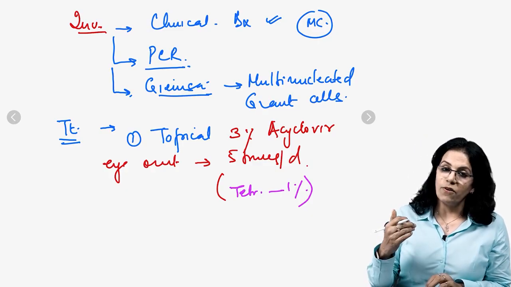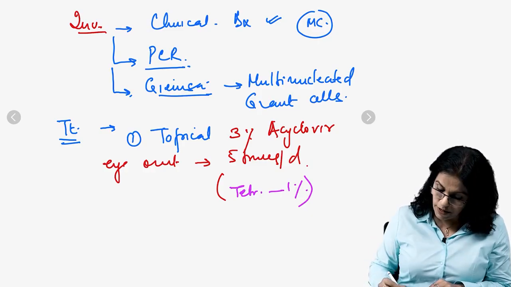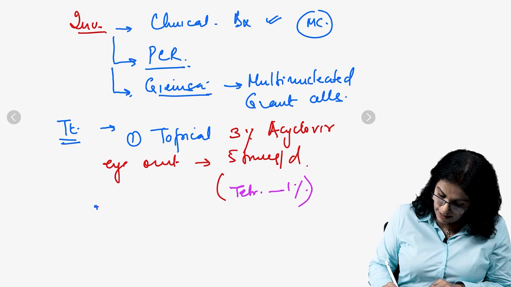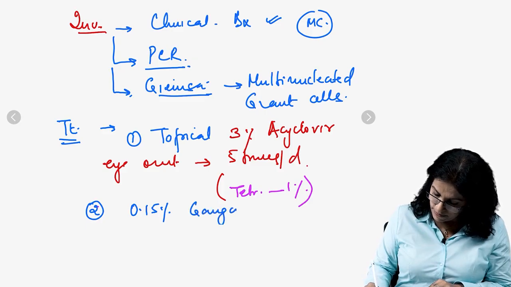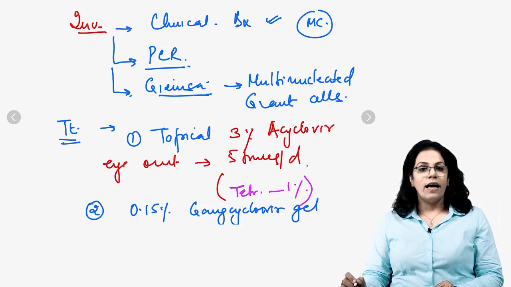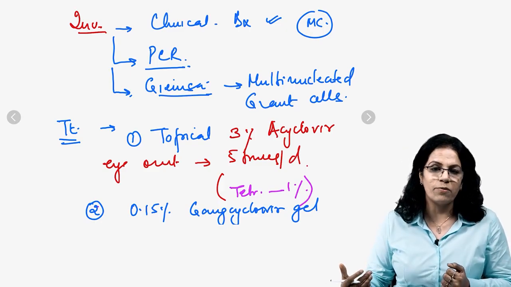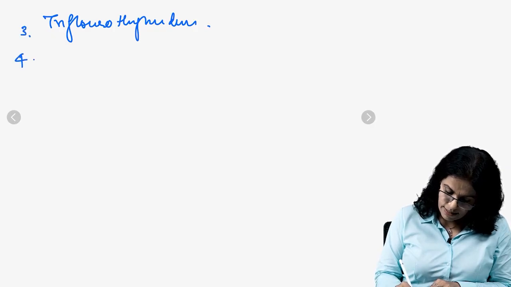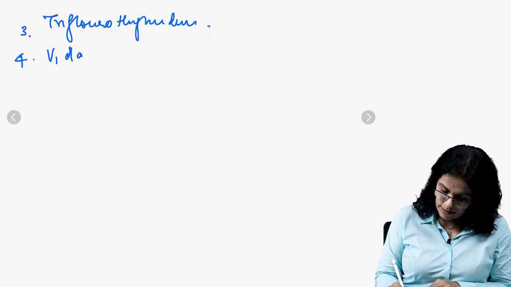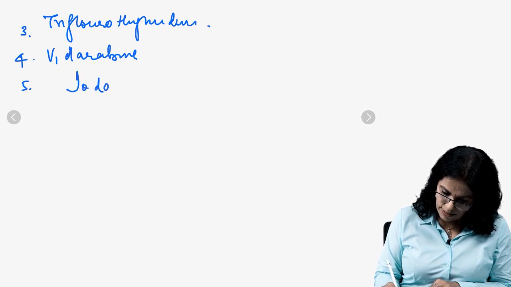Good. What is the other option apart from acyclovir? We can go for 0.15% ganciclovir. So, write down 0.15% ganciclovir gel can also be given. Apart from this, you should be familiar with the names of other antiviral drugs like trifluridine, vidarabine, and a very old one, now not used so much, idoxuridine.